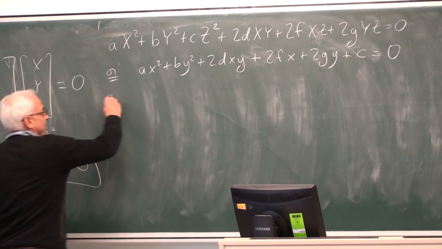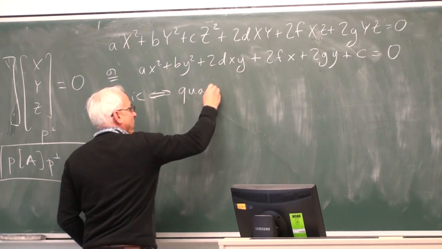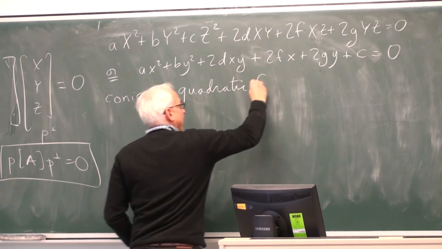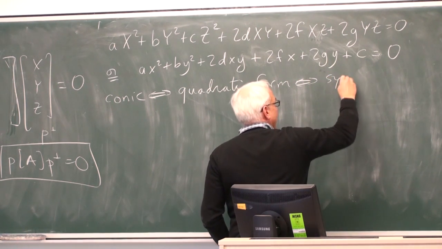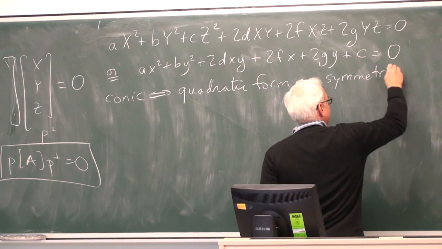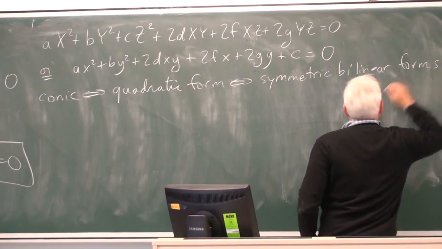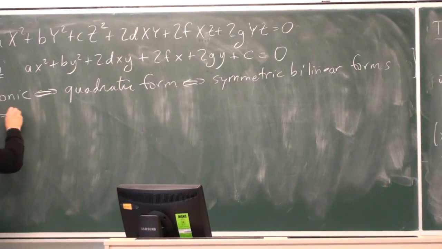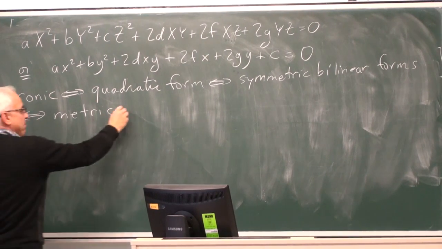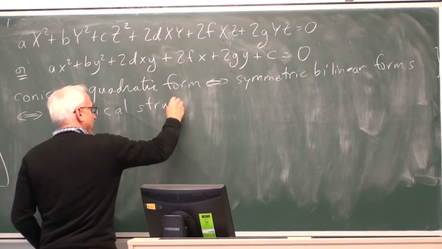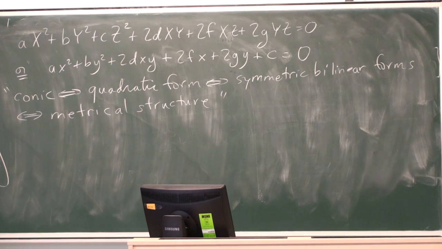Because this conic can be identified with this quadratic form, and quadratic forms are really the same as symmetric bilinear forms. And this is really not very far away from what's usually called a metric, or let's say metrical structure. Let me put all of that in quotes just as something to orient us.